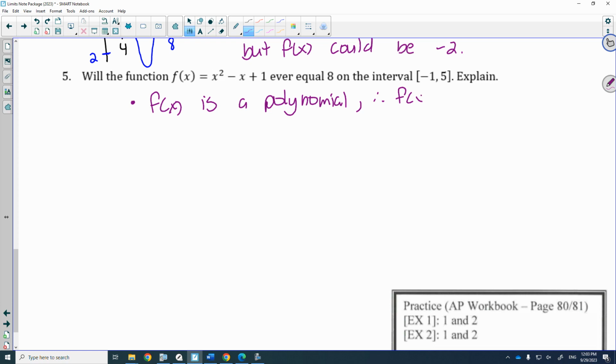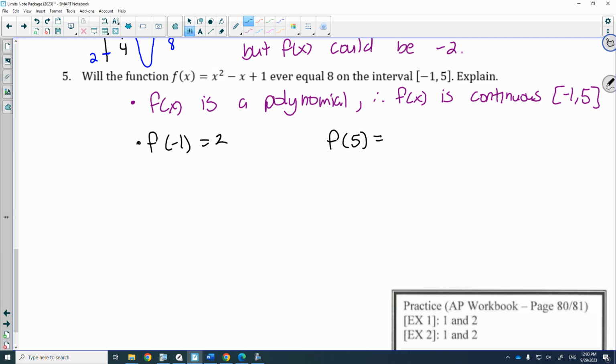Therefore, f of x is continuous on that closed interval, negative 1 to 5. Next, we're going to figure out what f of negative 1 is and what f of 5 is. And to speed it up, I'll just give you those numbers. F of negative 1 is equal to 3, and f of 5 is 21.